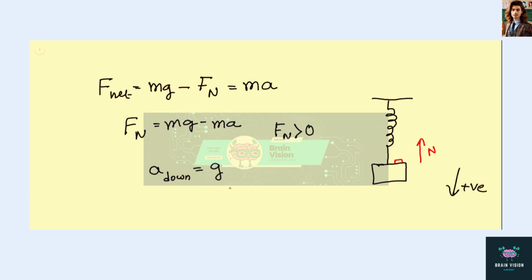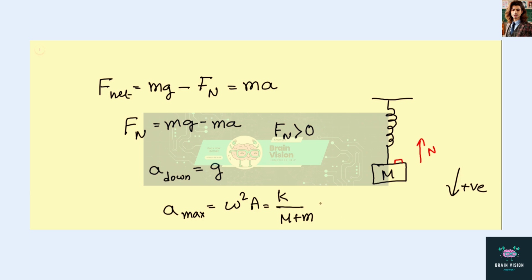For SHM, we know that a max is equal to omega squared A, which is equal to K divided by M plus m, where big M is the mass of the block.